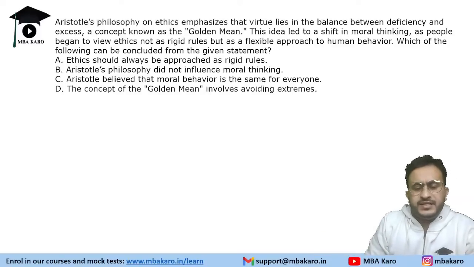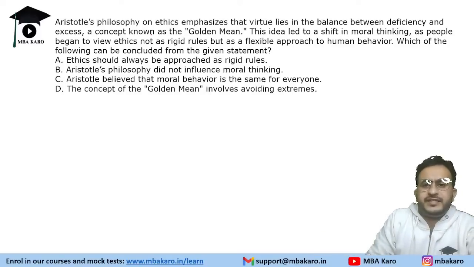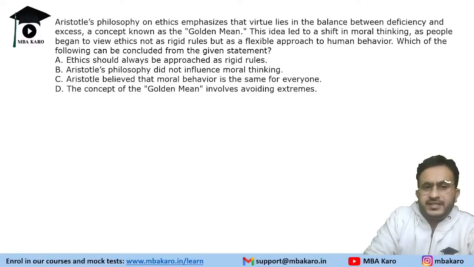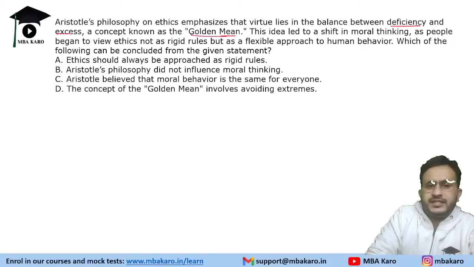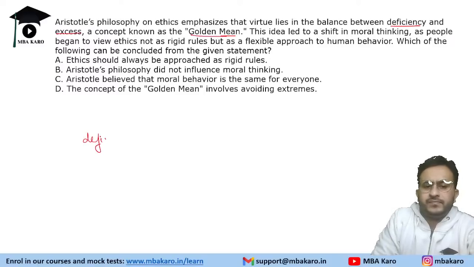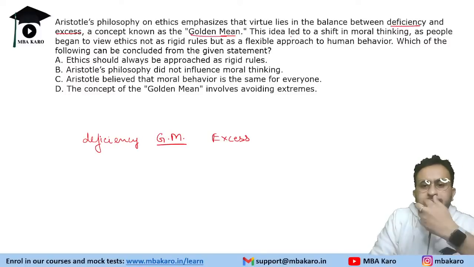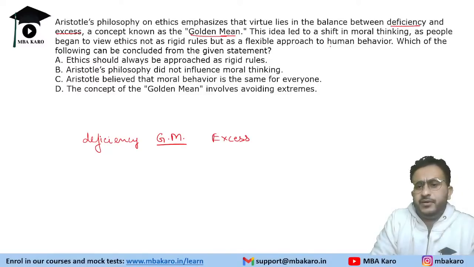So this says that his philosophy on ethics emphasizes that virtue lies in the balance between deficiency and excess, the golden mean. So what is the golden mean? It is between deficiency and excess. Deficiency is less, and excess is more. So between this is the golden mean. That is what it says. This idea has led to a shift in moral thinking as people began to view ethics not as rigid rules but as a flexible approach to human behavior.